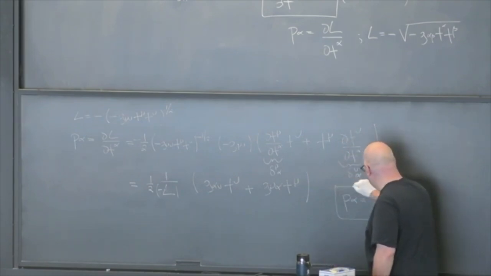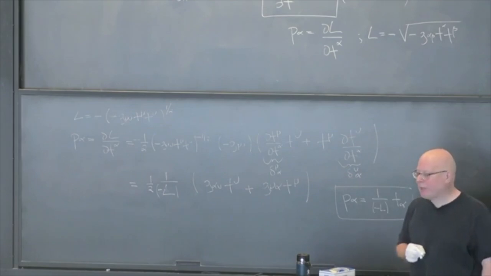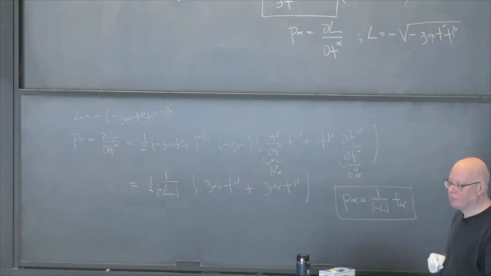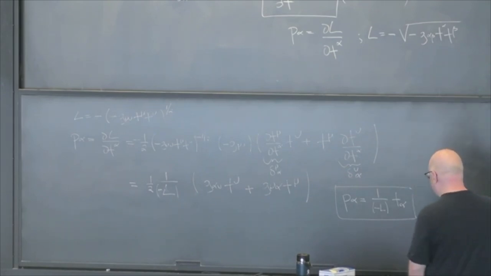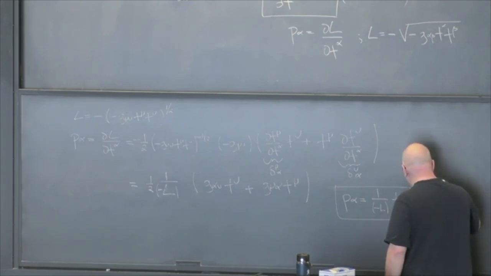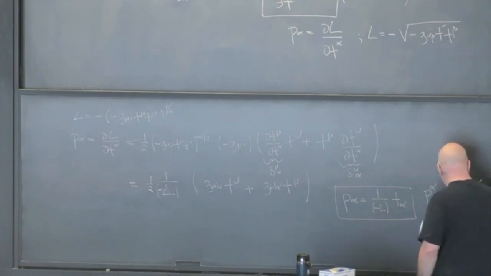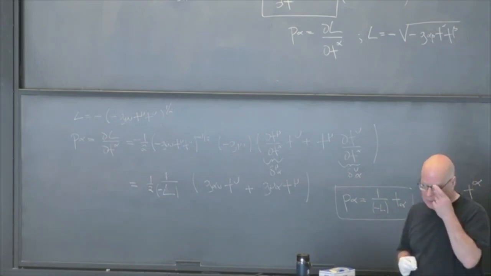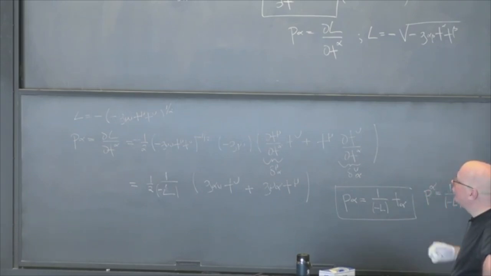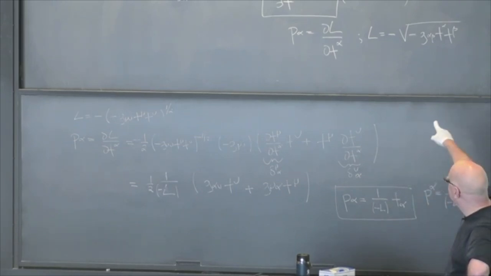the lowered version of the tangent vector. Right. Or I could raise the indices on both sides, and then I would get 1 over minus L T alpha. And just as a reminder, my L was actually negative, right?